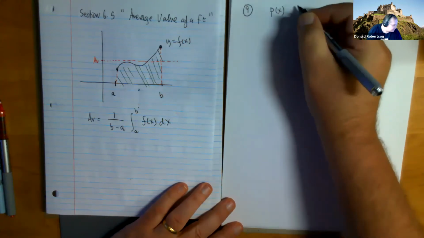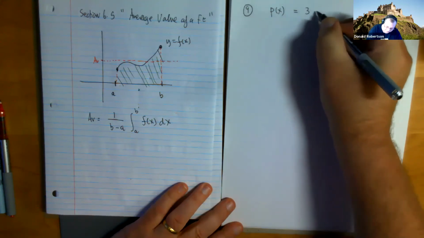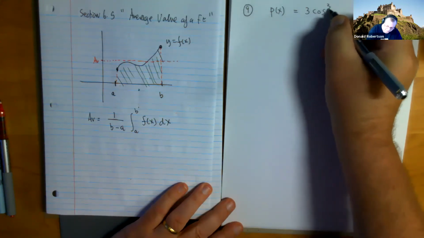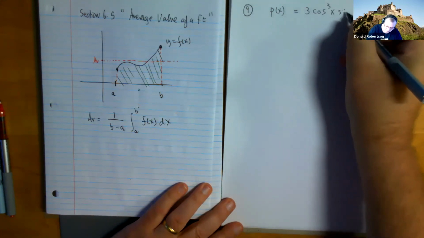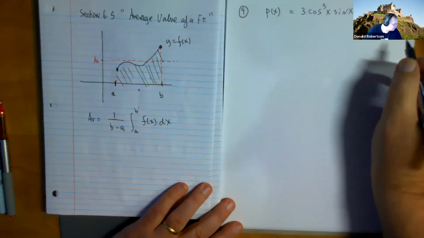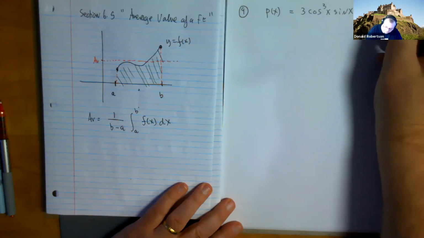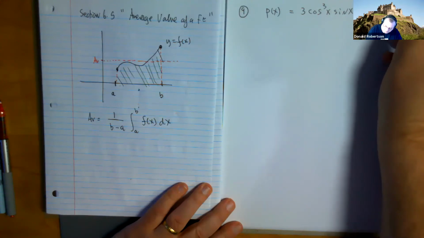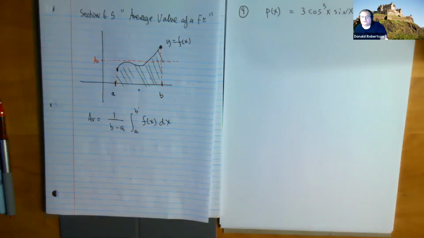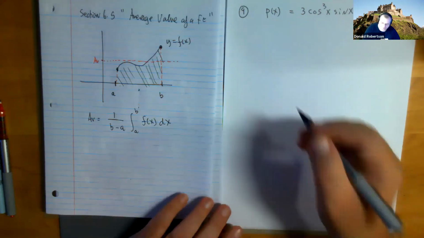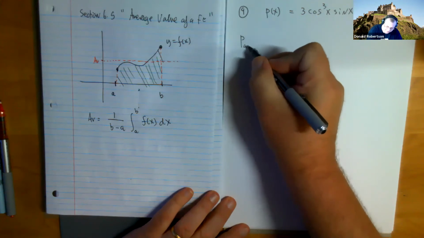Change the letter of the alphabet. Here's our function, p of x. It's obviously a trig function with sines and cosines in it. We're going to find its average value.